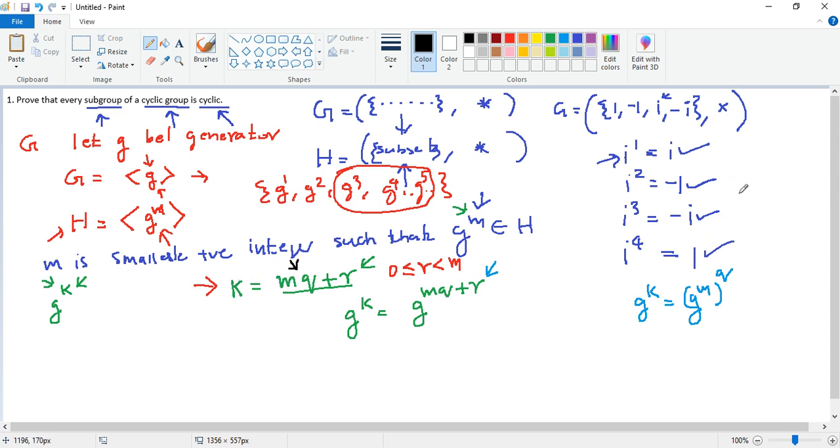So if you want an example for that, I can write 13 as 2 times 6 plus 1, right? So this r has to be less than 2, right?